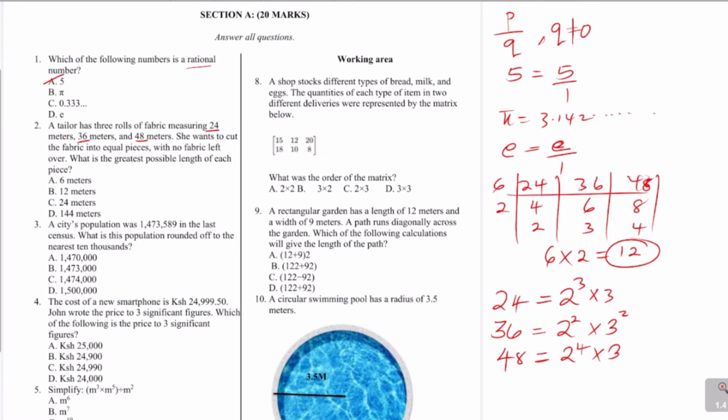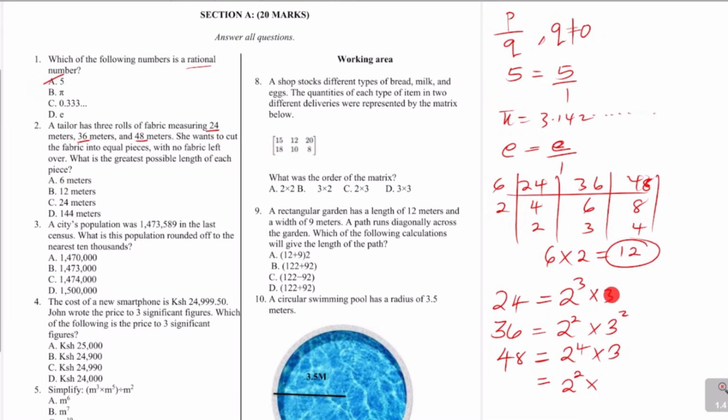Now after doing that, you need to identify the common factors in all these. I want you to look at 2 cubed, 2 squared, and 2 power 4. So this will be 2 squared times, and then for 3, which one is common?